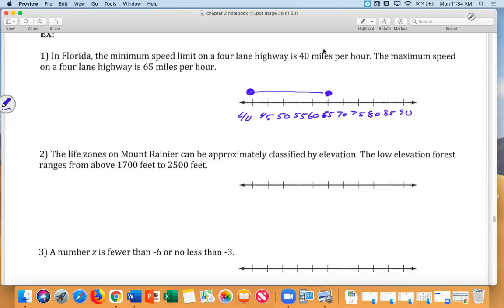What just happened? So here on Mount Rainier, it says the low elevation forest ranges from 1,700 feet above to 2,500 feet above. So real quick, we're just going to put 1,700 right here.